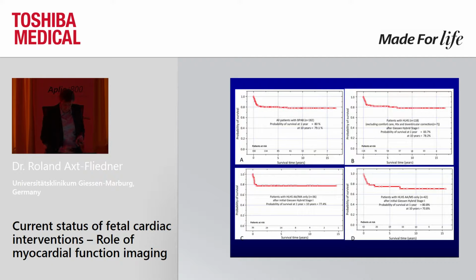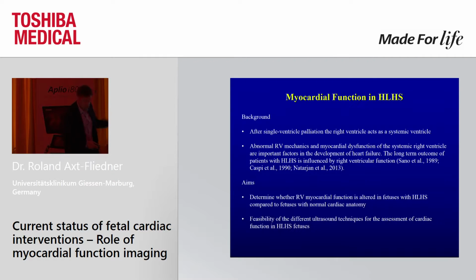left heart. And in the long term, the outcome of hypoplastic left heart depends on the kind of hypoplastic left heart, as I said, mitral atresia, aortic atresia, or other forms. And you see here that the form with mitral stenosis and aortic atresia, which normally is associated with endocardial fibrillar elastosis, might have the worst outcome after 10 years.